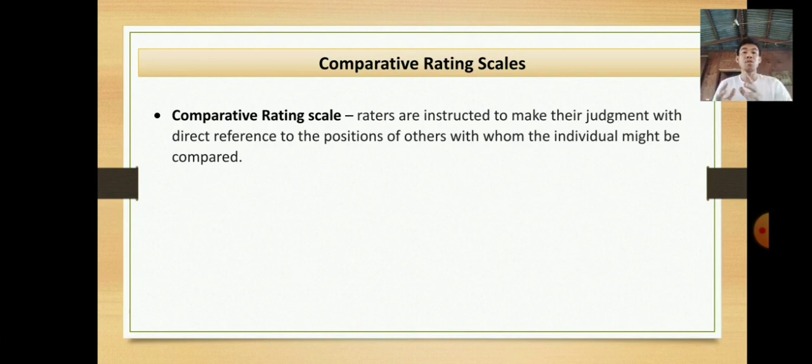Pero dito, comparative rating scale, which is from the root word compare, kino-compare mo yung isa. Raters, sabi sa definition, are instructed to make their judgment with direct reference to the position of others with whom the individual might be compared. So kinukumpara mo yung isa sa isa.